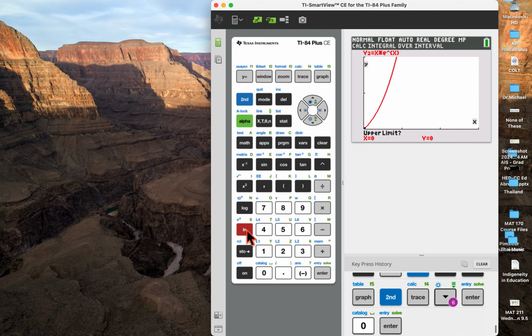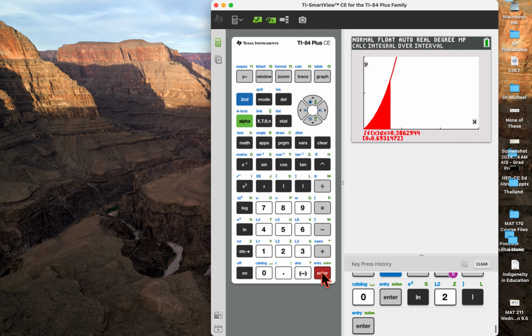And this area does not have to be equal to 1. It might be a decimal, and in this case, it's 0.3862. That is the mean. It's the average value of that distribution. So that's our answer, 0.3862.